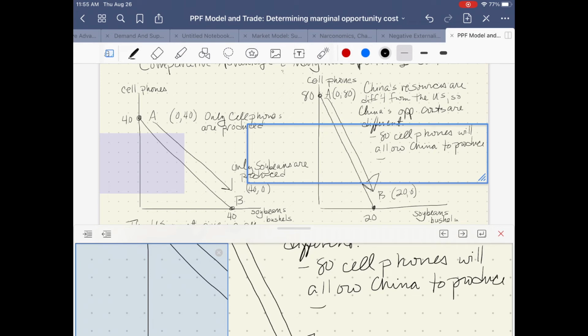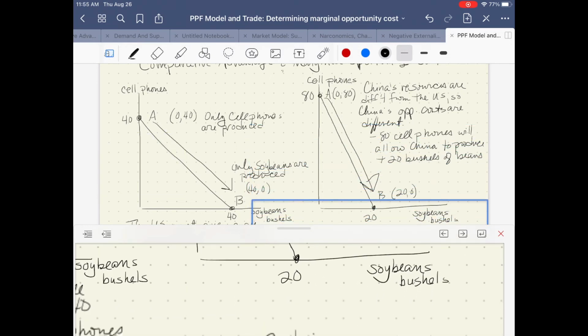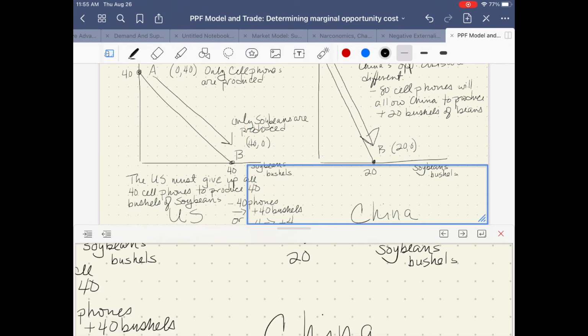This would be the total cost of specialization, right? If you want to know how many cell phones China would have to give up to produce 20 bushels of soybeans, you look at the extreme potential production, right? Giving up 80 cell phones will allow China to produce 20 bushels of beans.